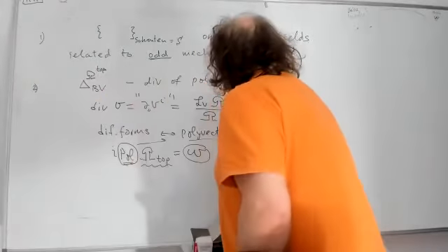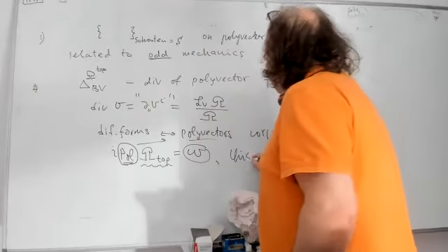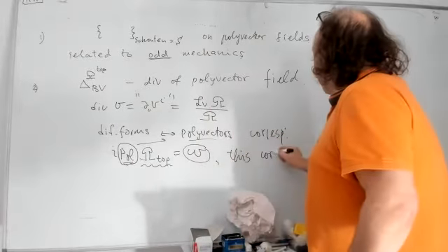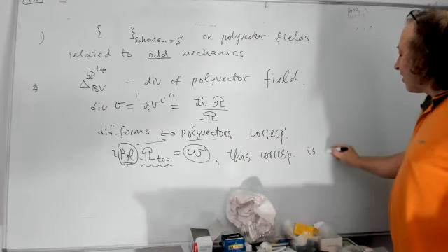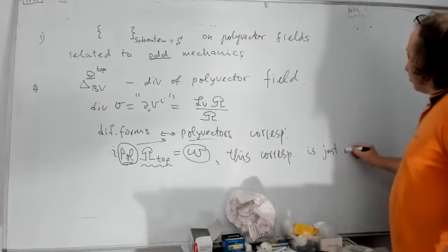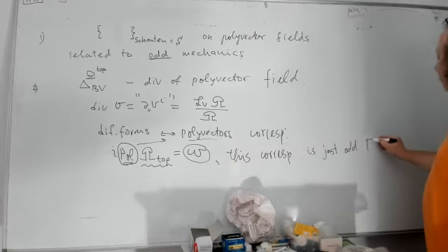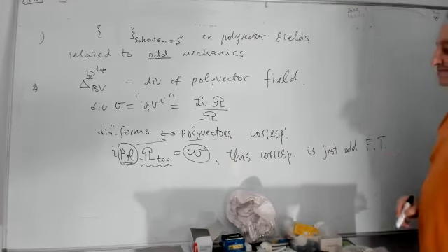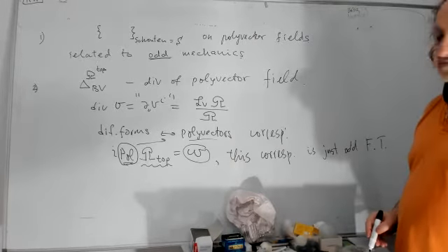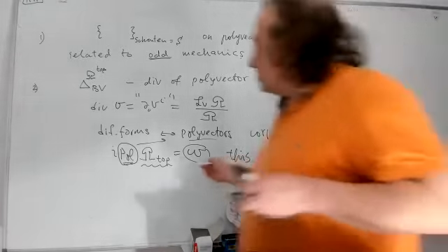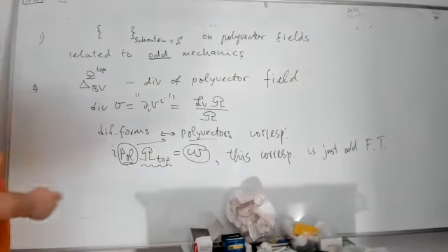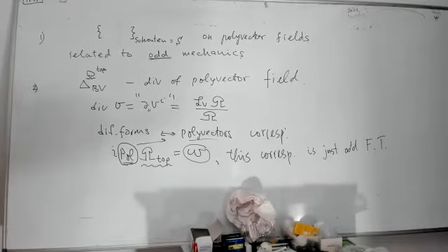We also discussed that this correspondence is nothing but odd Fourier transform. So when you are doing Fourier transform, you need a measure. That's why it depends on omega. Okay?